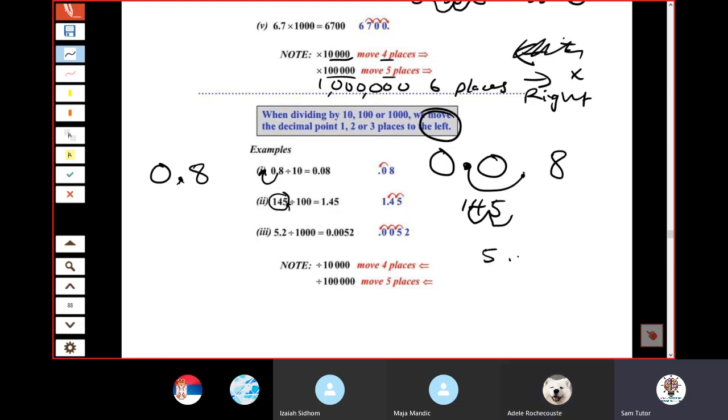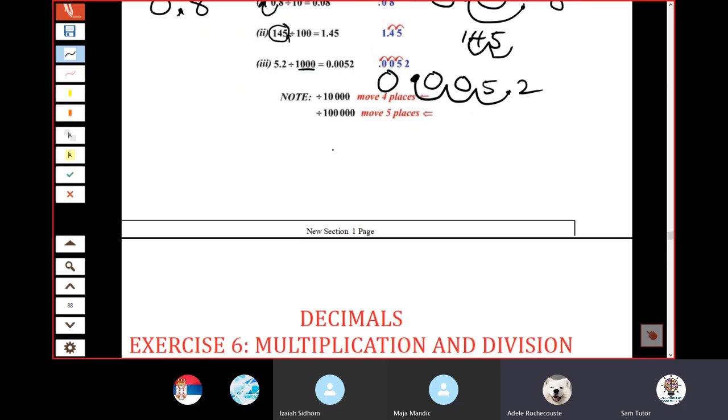This one has a decimal, so I start at the decimal and go back 3 times, 3 zeros. 1, 2, 3. 0.0052.